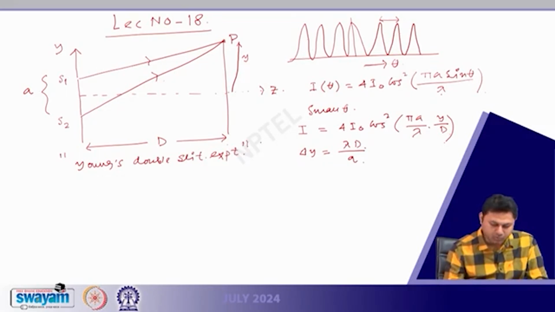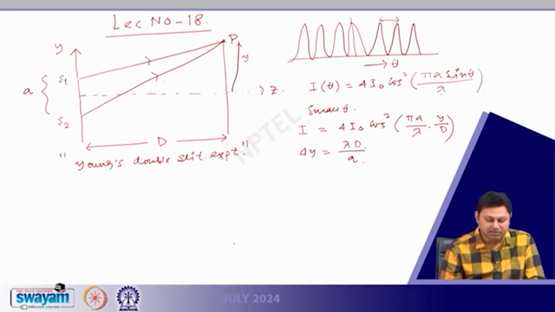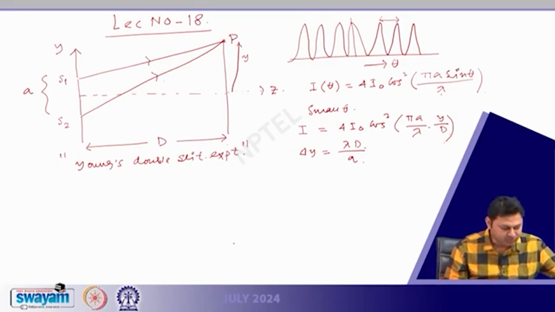Now today we try to understand, if somebody wants to find the shape of the interference fringes, suppose I bring this source towards a or away from a, how in the XZ plane the fringe pattern is going to change. That we want to study.